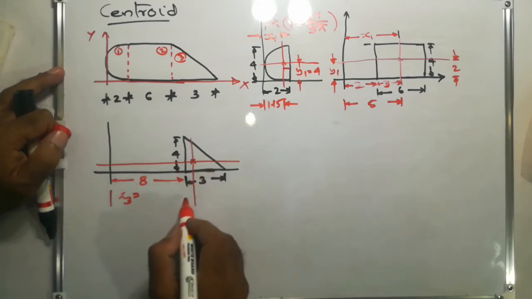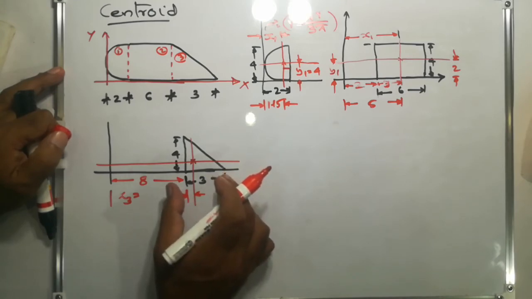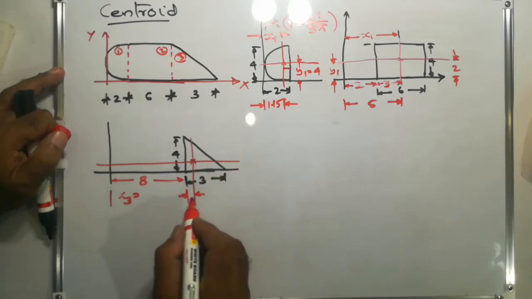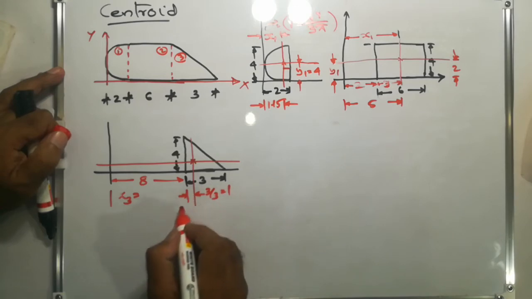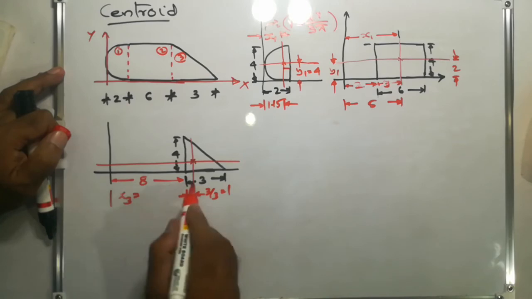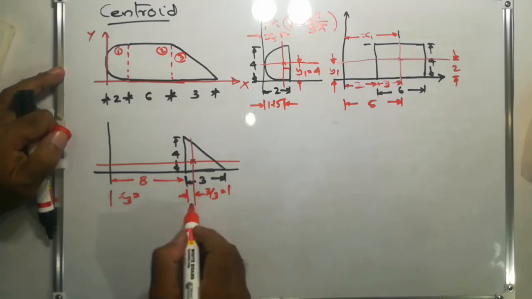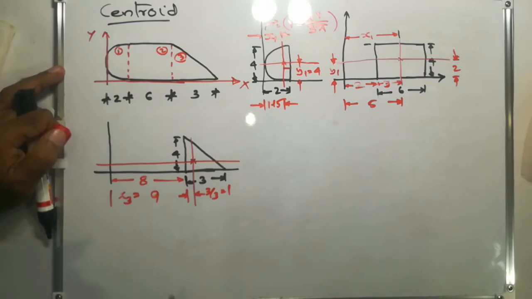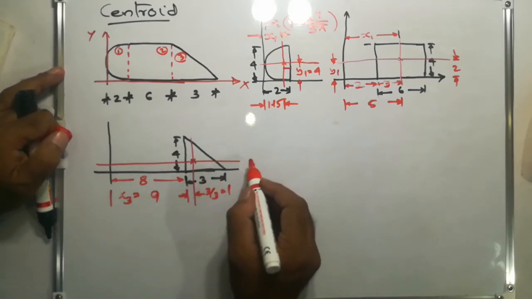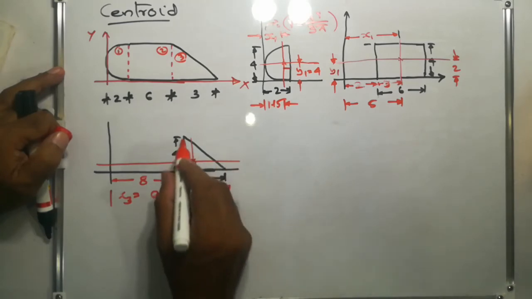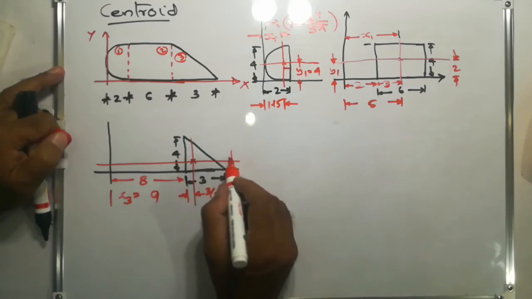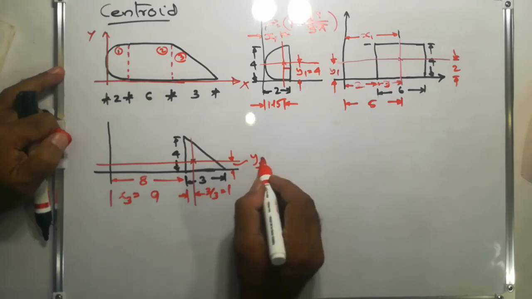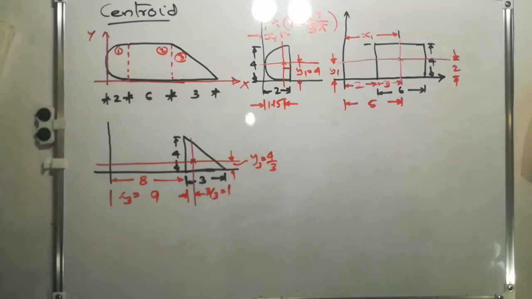Then plus this small distance, which will be b by 3, one third of the base, that is 3 by 3 equal to 1 centimeter. So x3 is equal to 8 plus 1 equal to 9, and y3 equal to one third of the height, that is 4 by 3.